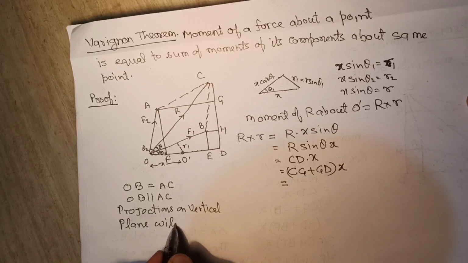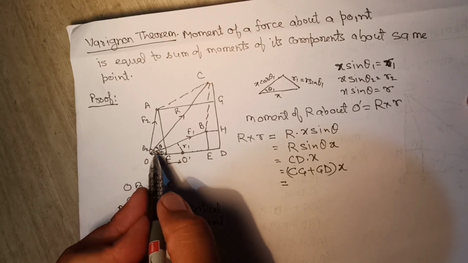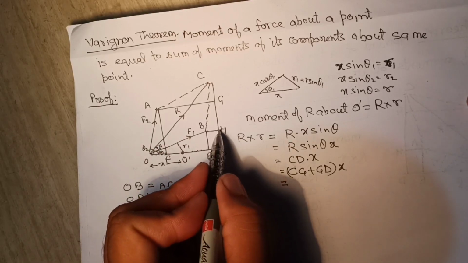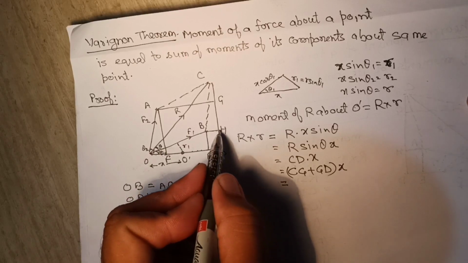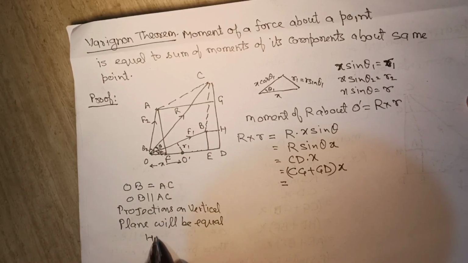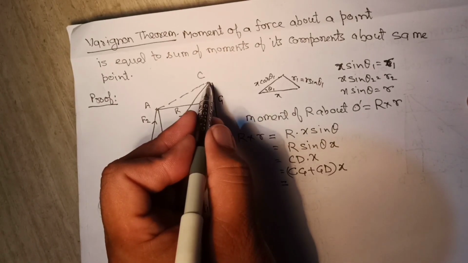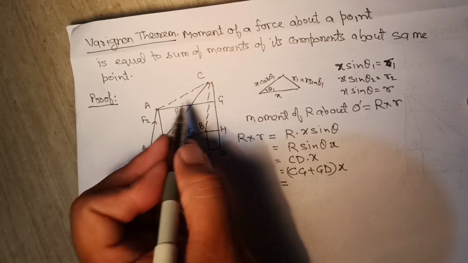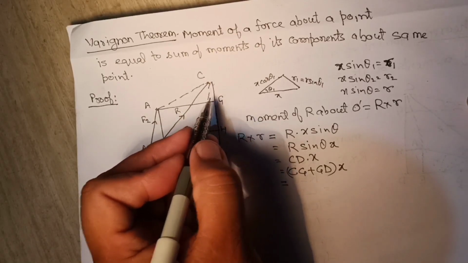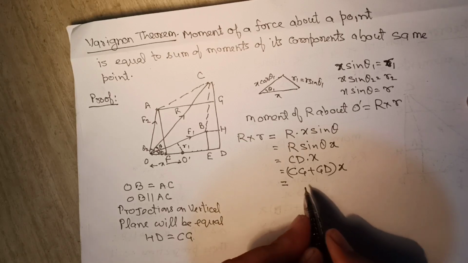Similarly, projection of AC, point C will lie at the same point C and A will lie on point G. So the projection of AC will be equal to CG. So we can say CG is equal to HD.